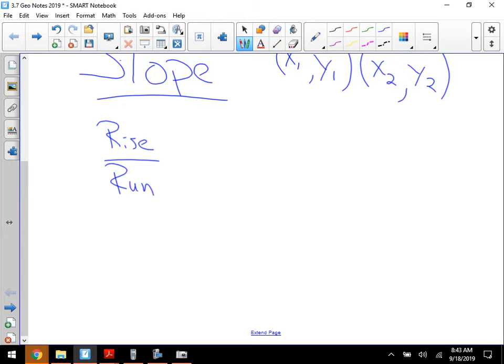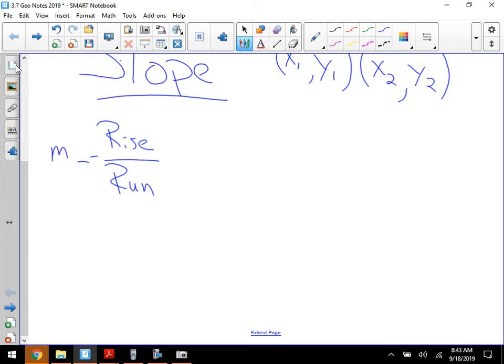What letter do we use for slope again? Now, when we talk about rise, in your coordinate plane it goes what direction? Up and down, right? What values in your XY coordinate grid go up and down? Y values. Y values go up and down, X values go left and right.